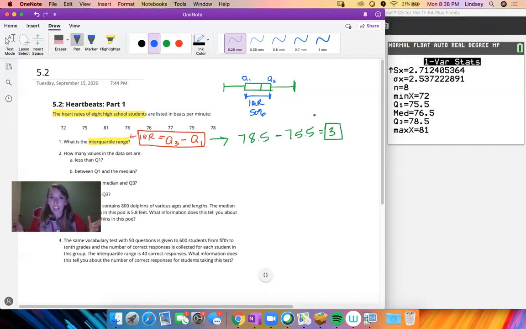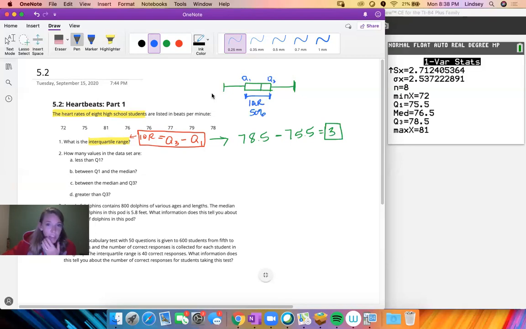That tells us the data changes a lot and is not very consistent. But if the IQR is smaller and the box itself is smaller, then it's not going to have much change. All the numbers are going to be really close together, and that tells you something about the consistency of the data you're looking at, which will make more sense as we move forward.